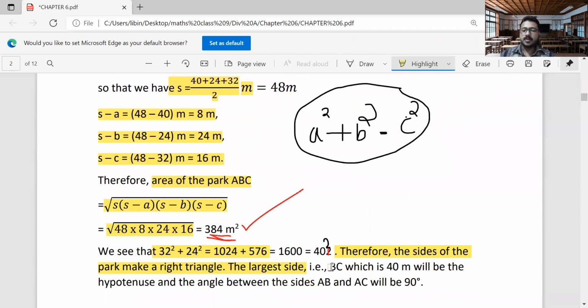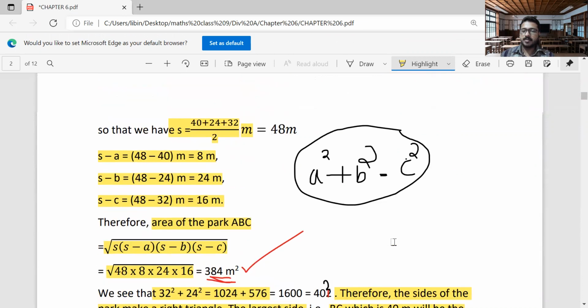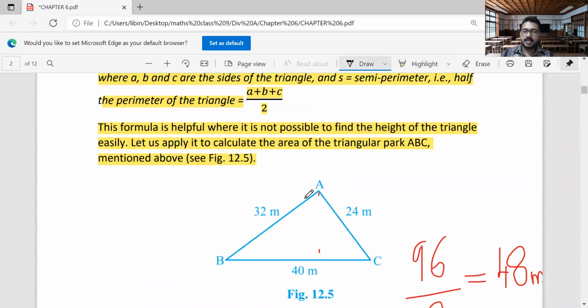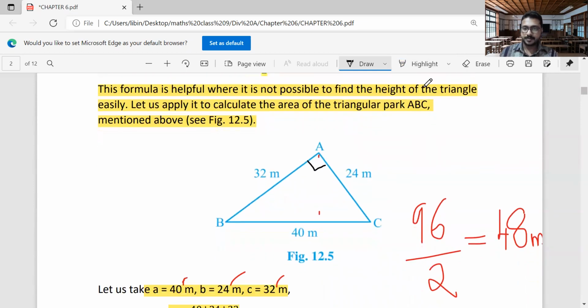Now BC will be the hypotenuse, and the angle between the other two sides, that is AB and AC, will be 90 degree, because this is the longest side. The angle opposite to the longest side of a triangle will be the biggest angle.